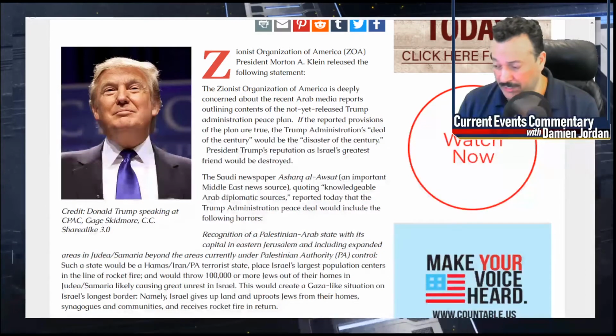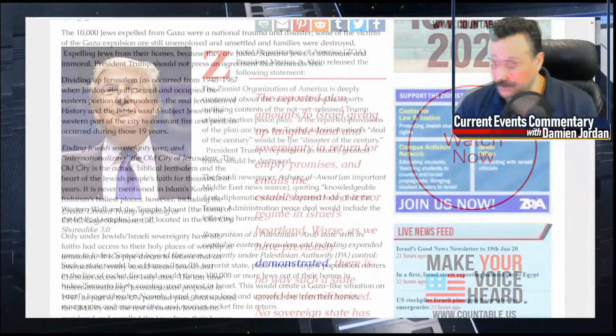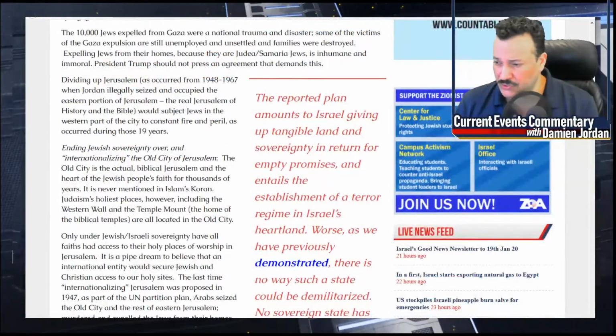This would create a Gaza-like situation on Israel's longest border, namely, Israel gives up land and uproots Jews from their homes, synagogues, and communities, and receives rocket fire in return. The 10,000 Jews expelled from Gaza were a national trauma and disaster.